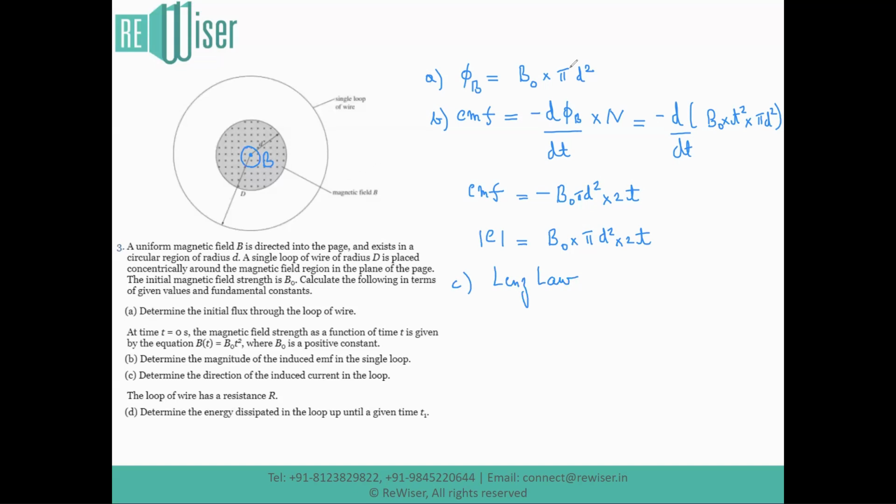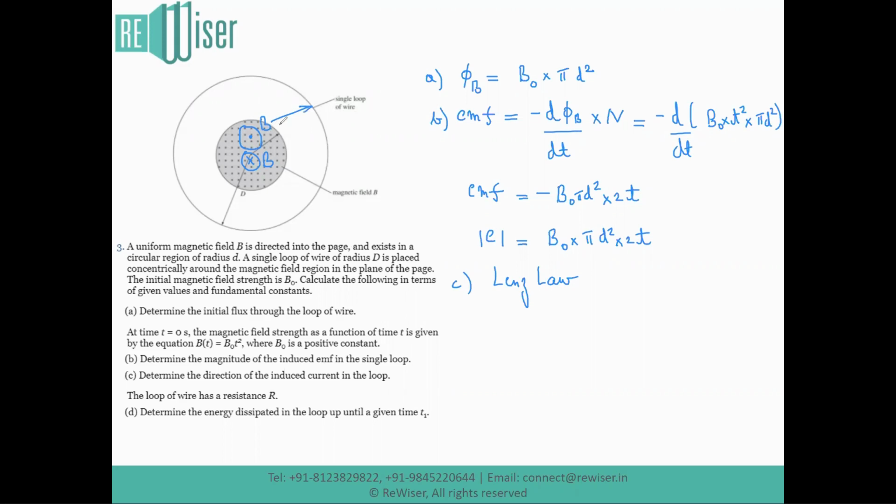Here, let me show the correct depiction. I seem to have shown the wrong depiction here. The depiction is that the magnetic field B is into the plane, and the induced EMF on this single loop of wire will be such that it produces a magnetic field that counterbalances it, such that the induced current produces a magnetic field that is out of the plane.